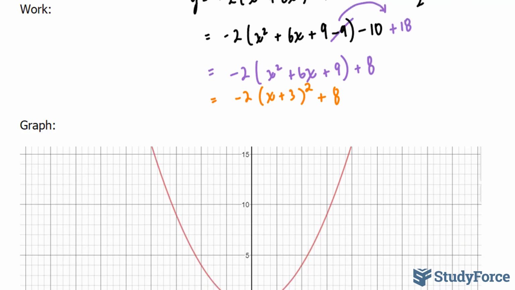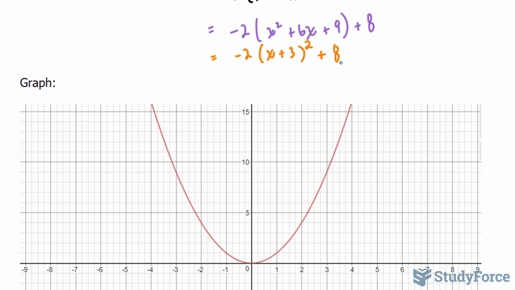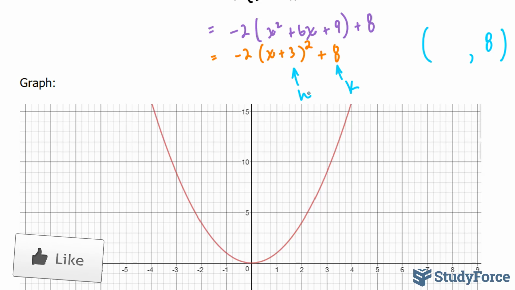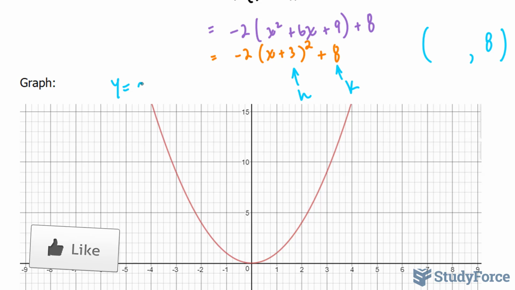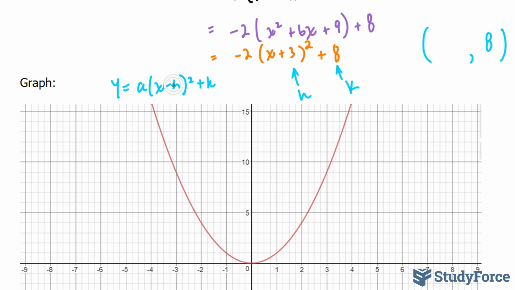What do we know about our vertex given the following equation? Well, I know my vertex will have a y-coordinate of 8, because this right here represents my k. This right here sort of represents my h, and I'll tell you why. Because in the skeleton of the vertex form, you have minus h.